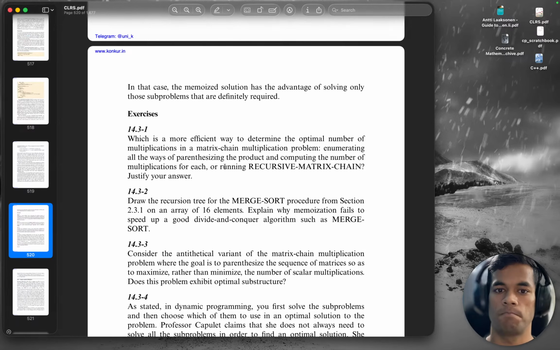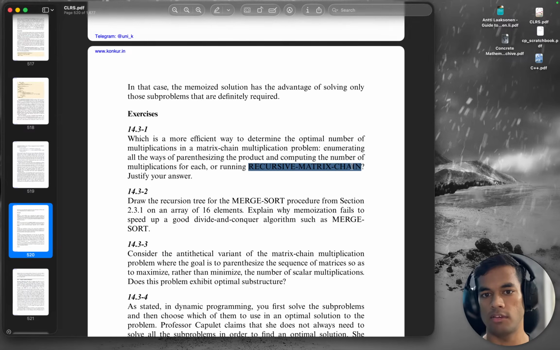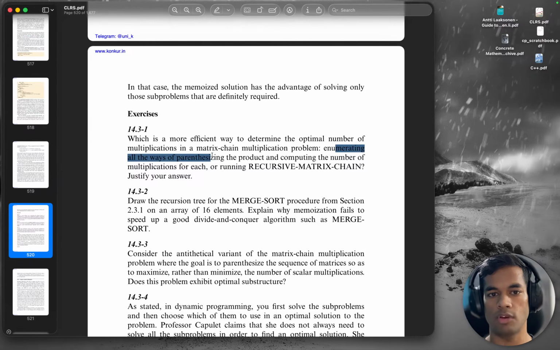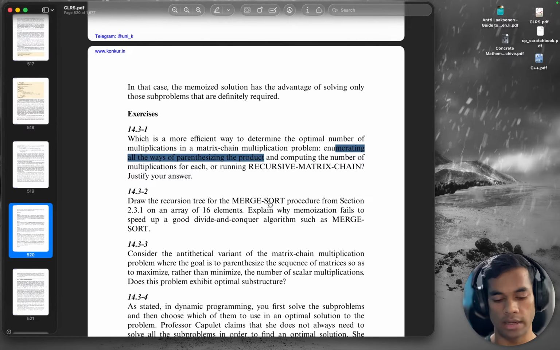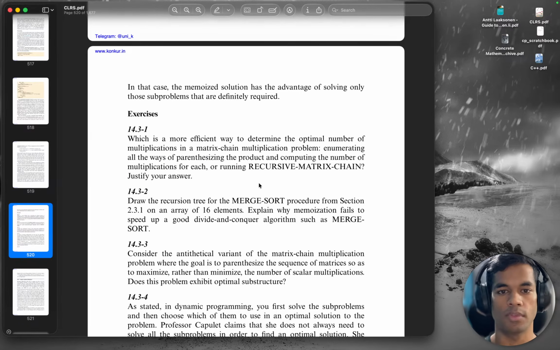I would say that in this recursive matrix chain, we are not using memoization. So the sample space for both this one and the inefficient one, in which we are going through all possible ways of parenthesizing the product, is the same, and it is the nth Catalan number if we have n matrices.